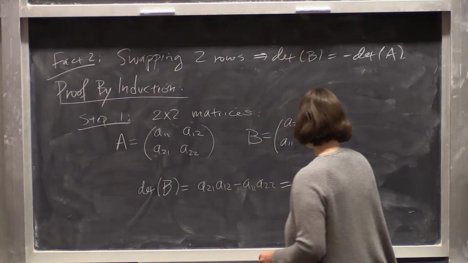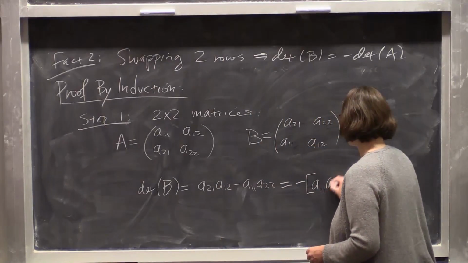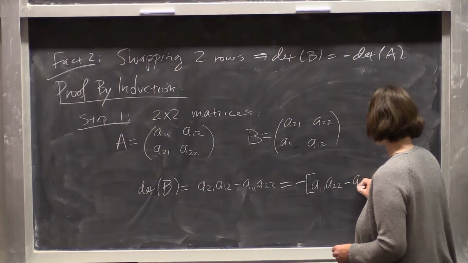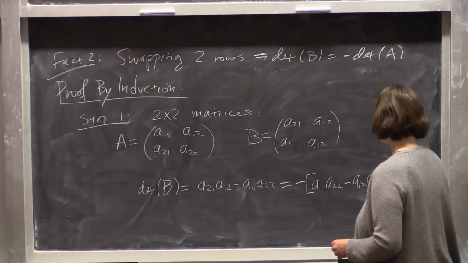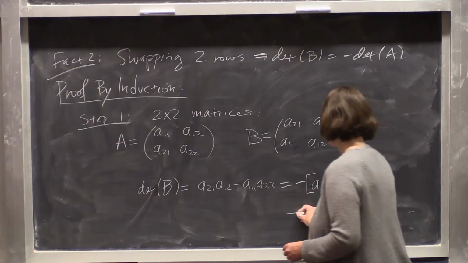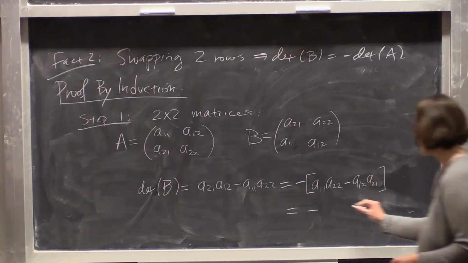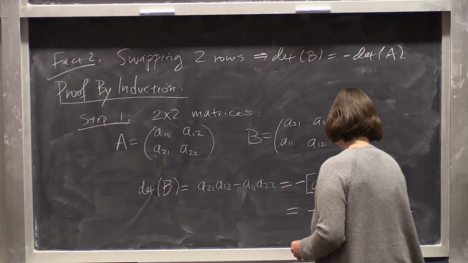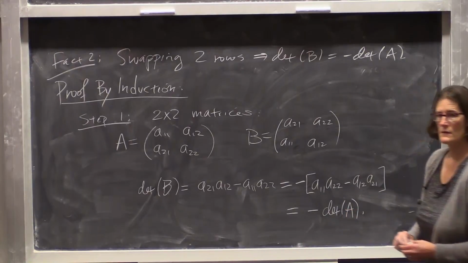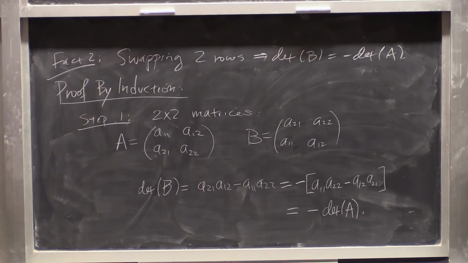This is equal to the negative of A11 A22 minus A12 A21, which is equal to the negative of the determinant of A. Do you believe that it is true for all 2 by 2 matrices? Because whatever numbers you put in for A11, A12, A21, A22, this is going to be true.